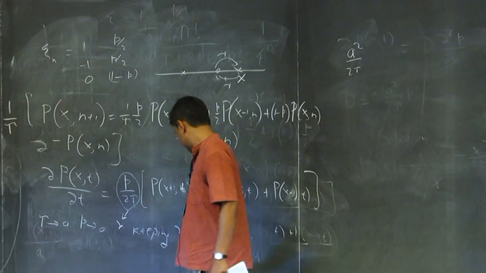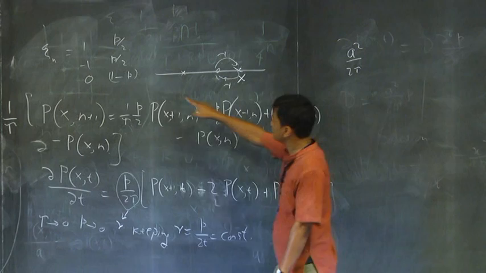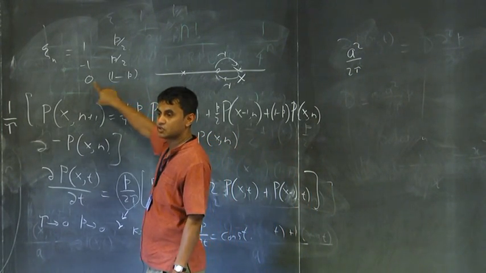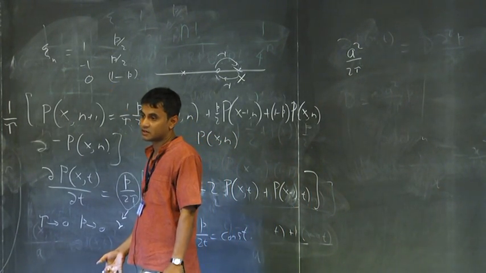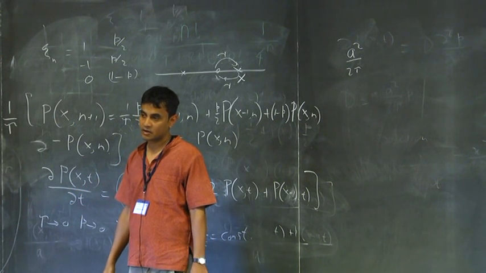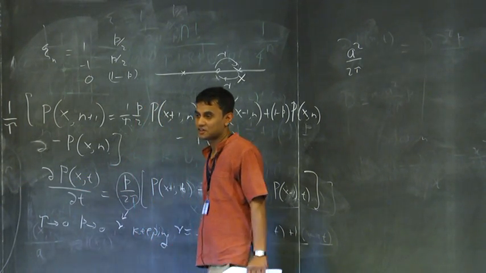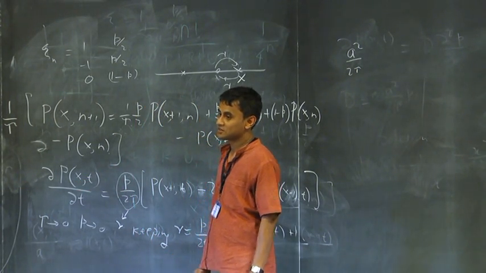Because I'm saying p going to 0, and this was the staying probability, so p going to 0 means I just stay, and with a very small probability I go. But when you go, you go at a very fast rate. Yes, I go instantly. This is some kind of large velocity.